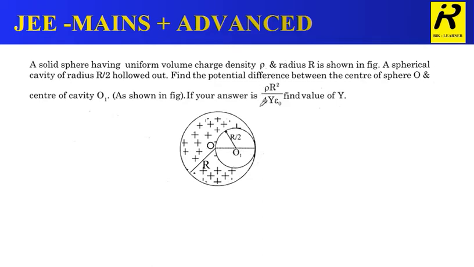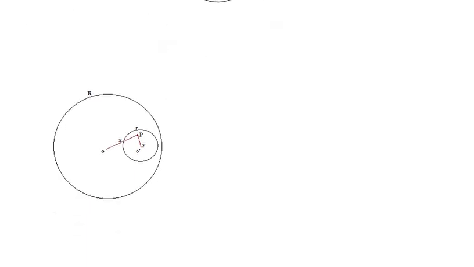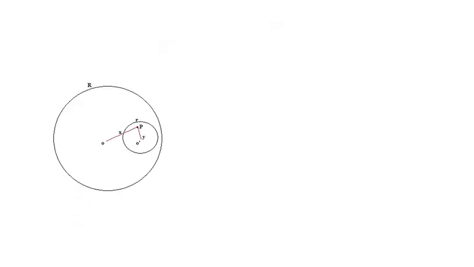What is this actually asking? This is nothing but the potential difference between O and O dash. For this, you must first know about something like this picture. Here, I assume the charges are uniformly distributed everywhere inside, so everywhere inside it is charged.